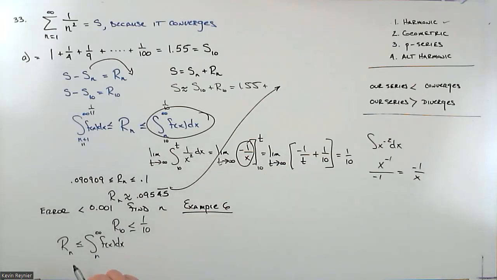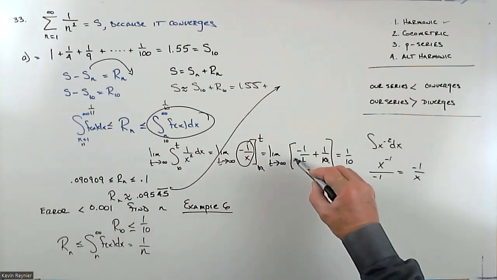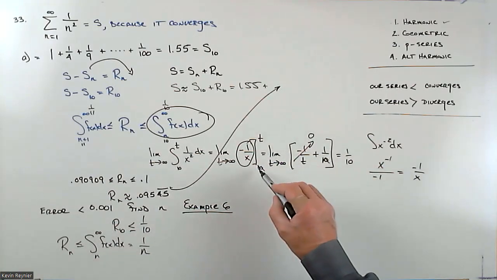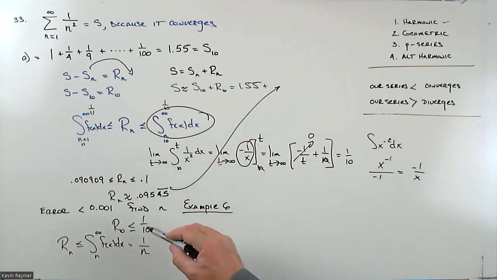Which is just 1 over, we're not using 10 here, this is n. So we just came up with 1 over n because this one went to 0. And that is not a 10, now it's an n. So we have 1 over n. And we want this to be less than 0.001.